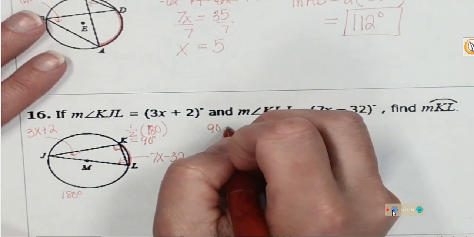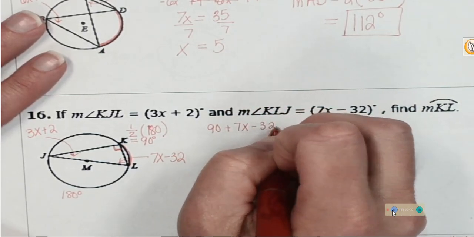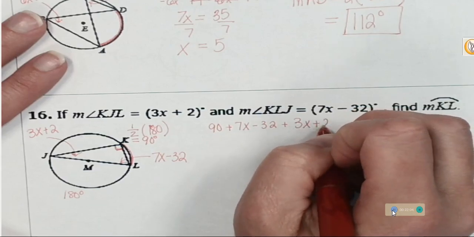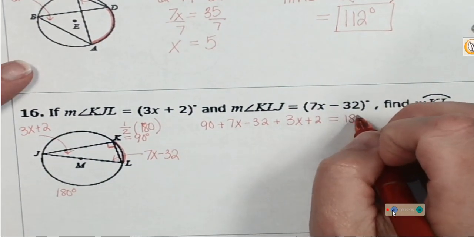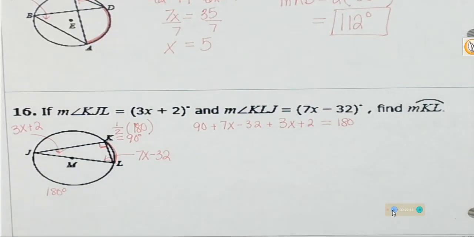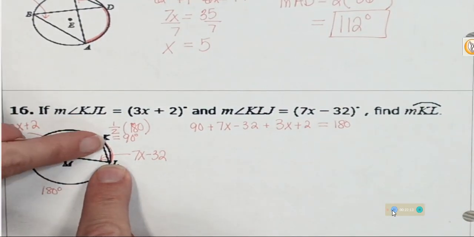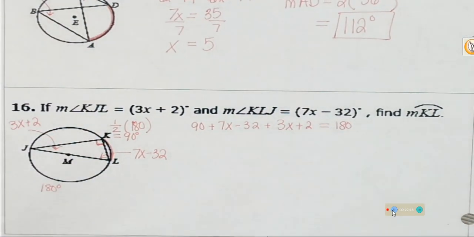90 degrees plus 7x minus 32 plus 3x plus 2, all together, a whole triangle equals 180. He was saying 90 because he recognized that that was going to be 90, so there was only 90 left for the other 2 angles.